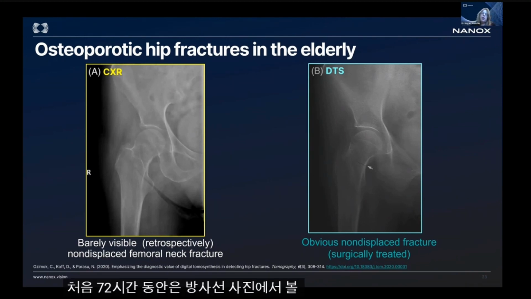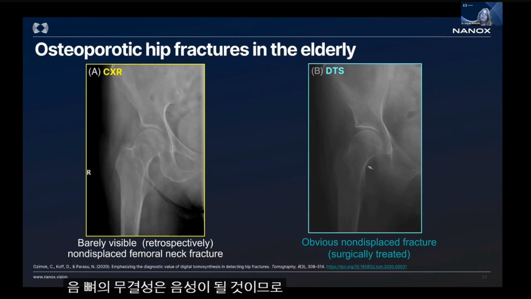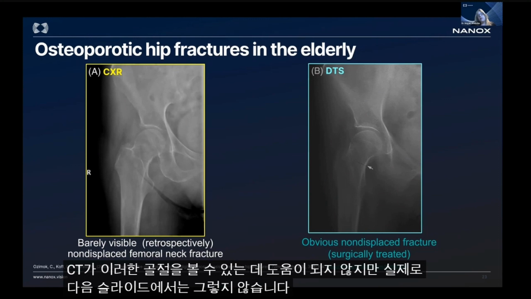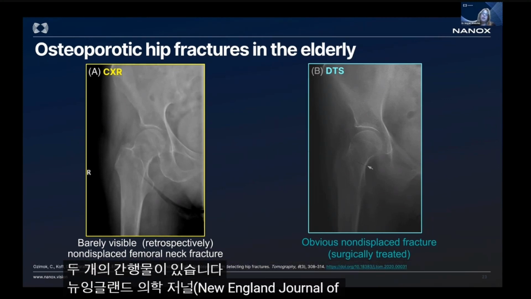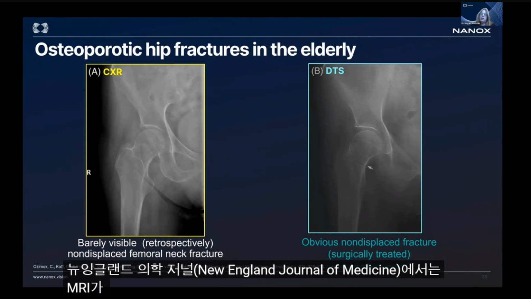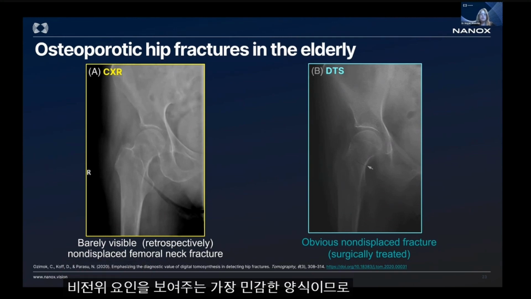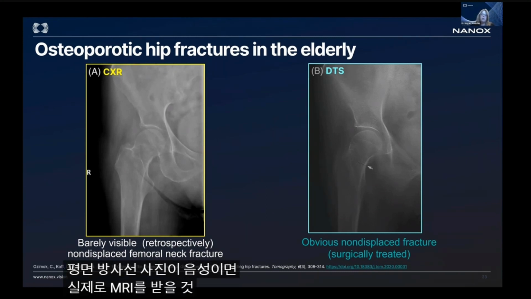In the first 72 hours, bone scintigraphy is going to be negative, and therefore this doesn't help. CT can see these fractures, but actually, and I'll show you in the next slide, there have been 2 publications in the New England Journal of Medicine that showed that MRI would be the most sensitive modality to show non-displaced fractures in the elderly, and therefore, if plain radiographs are negative, they recommend to get an MRI.